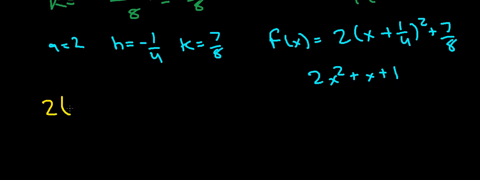So we have 2 times x plus 1/4 squared, plus 7 over 8. So let's expand this.